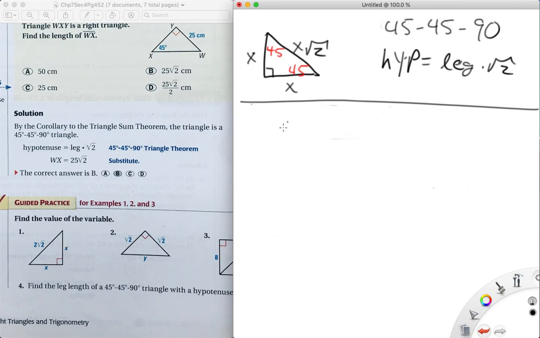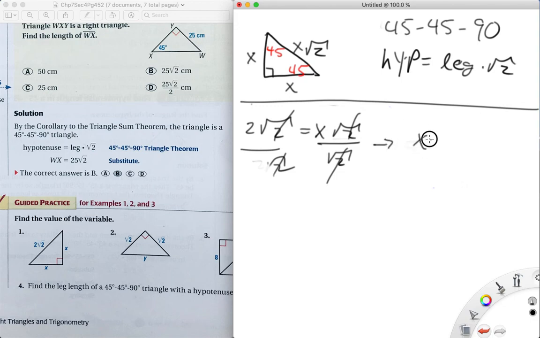We want to try to find the leg. So this is going to be 2 times the square root of 2, which is my hypotenuse, which is equal to the leg, which is x, times the square root of 2. In order to find the leg, I'm just going to divide both sides by the square root of 2. That goes, that goes. And that leaves me with the leg, which is equal to 2.